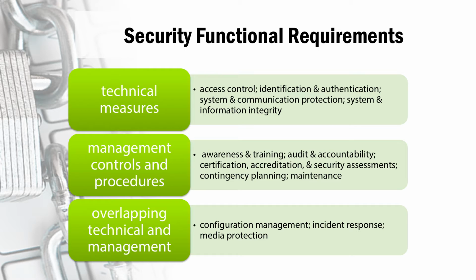Functional areas that primarily involve management controls and procedures include awareness and training, audit and accountability, certification, accreditation and security assessments, contingency planning, maintenance, physical and environmental protection, planning, personnel security, risk assessment, and system and service acquisition. Functional areas that overlap computer security technical measures and management controls include configuration management, incident response, and media protection.